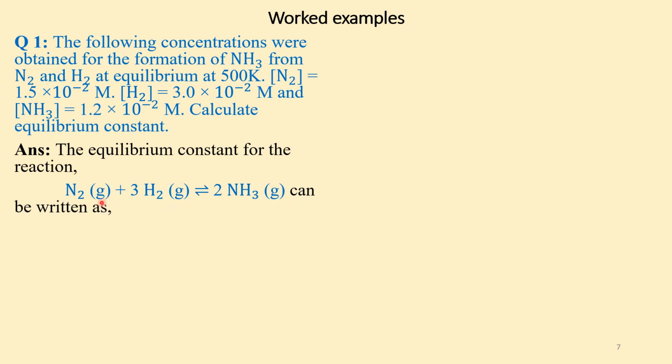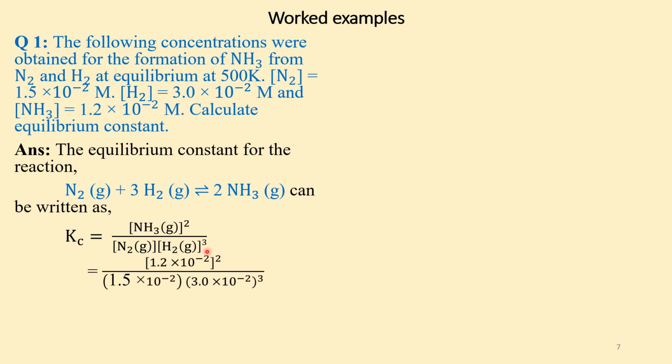Please note that on the left hand side both the reactants are in gaseous form, and on the right hand side also it is gaseous form, indicating that it is an equilibrium reaction. So the constant value, as we know, is given by Kc is equal to the concentration of NH3, that is the product, to the power of 2, divided by N2 to the power of 1, because the coefficient is 1 here, and H2 to the power of 3.